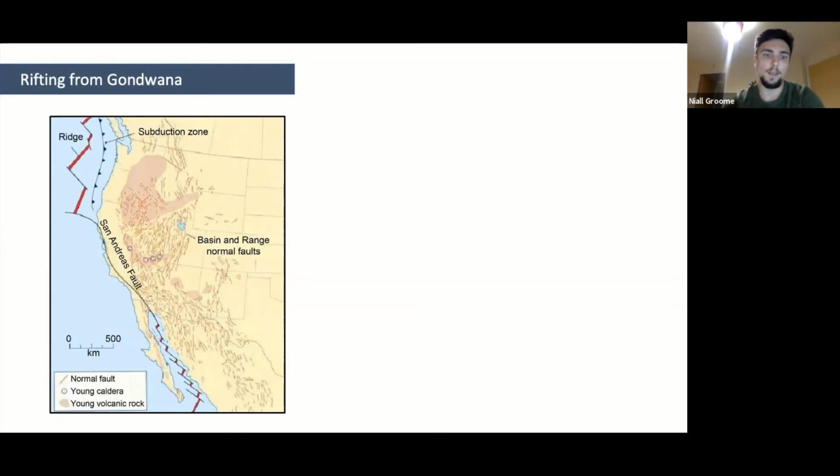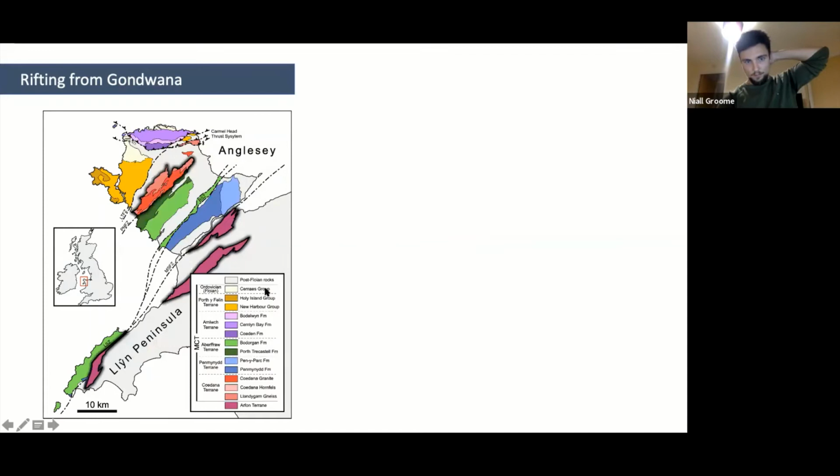And in domains where these transcurrent faults take over, as we can see in the San Andreas fault, you can get pretty large areas of transcurrent movement along the margins of this continent, and it explains a lot of what we see across Wales and specifically on Anglesey, where we have just a bit more outcrop basically, and we can see this a bit better.